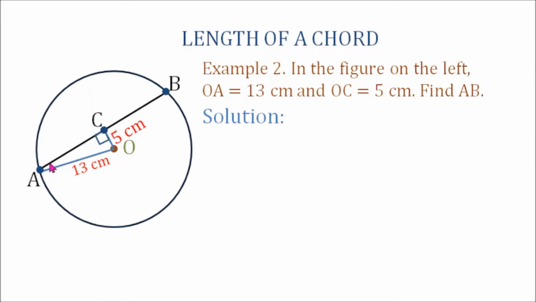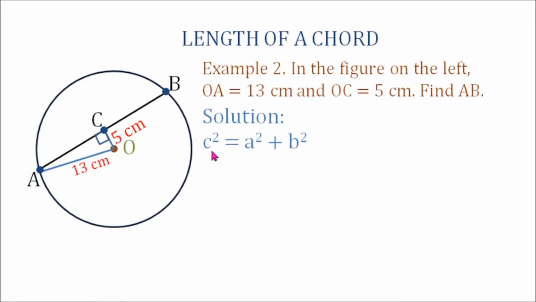We have a right triangle here, so we can find AC using the Pythagorean theorem. So this is the Pythagorean theorem. C squared equals A squared plus B squared. The meaning is, in a right triangle, the square of the hypotenuse, or the longest side, equals the sum of the squares of the two other sides.